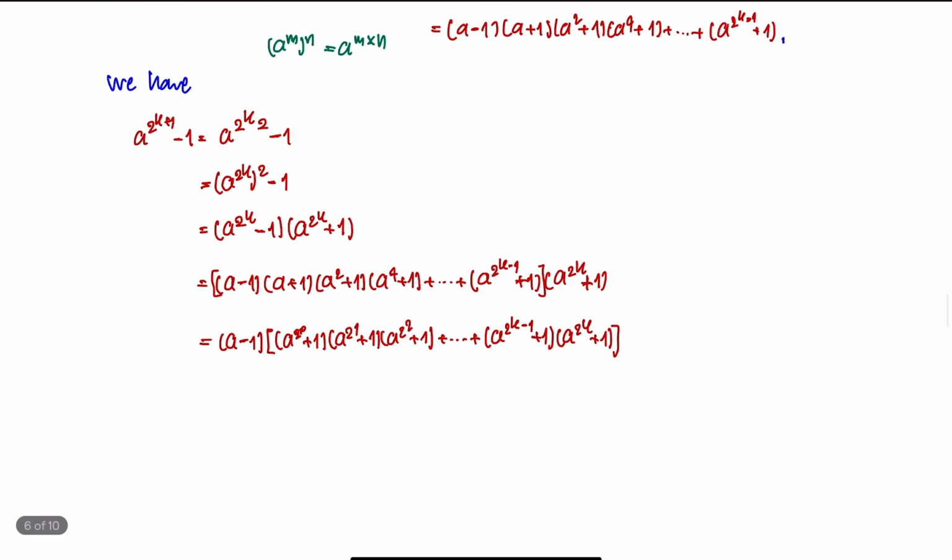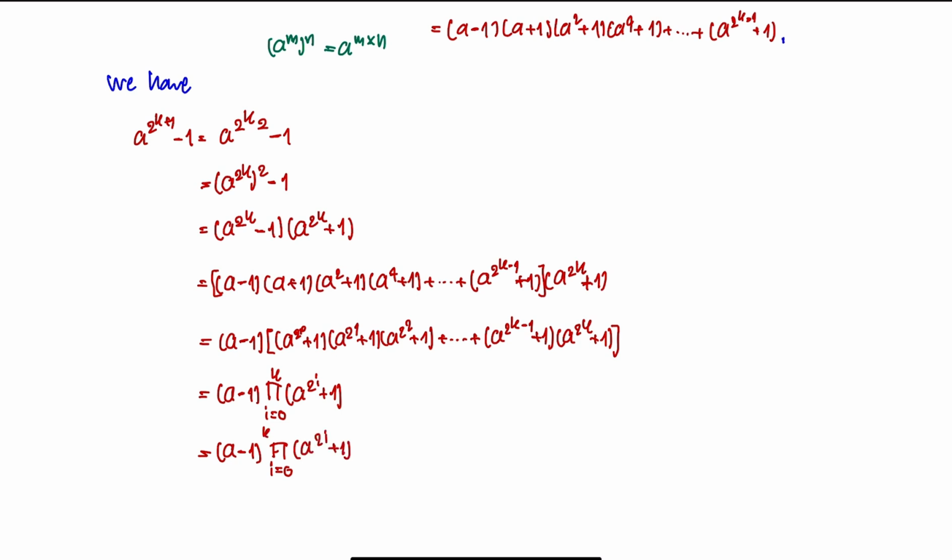So we're going to have a minus 1 times big pi from i equal to 0 to k, which is a to the 2 to the i plus 1. It's actually become a minus 1, starting from i equal to 0, the product of a to the 2 to the i plus 1.